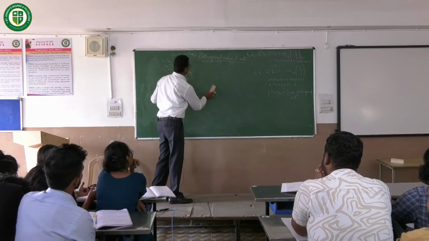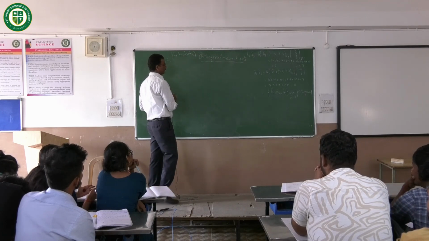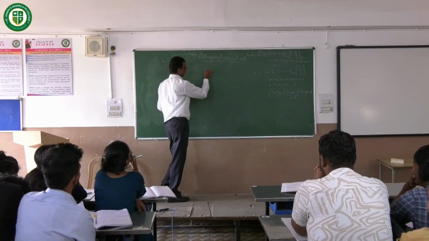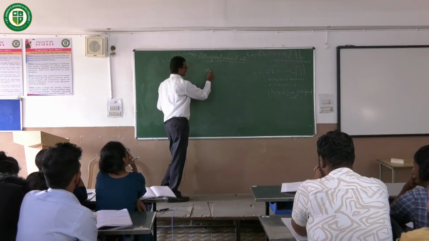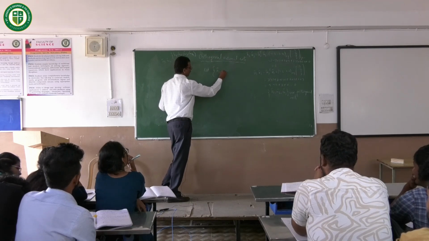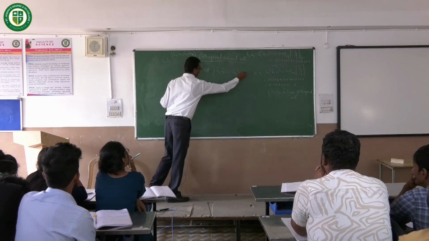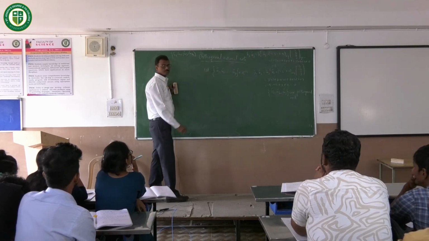If a set of vectors is given, let us assume a set of vectors u1 bar and u2 bar, so on up to up bar, belonging to R power n.